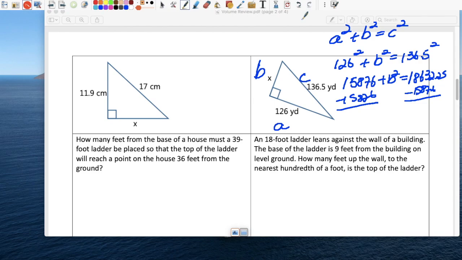We end up getting b squared equals 2,756.25. Square root, we're going to get some ugly number, and actually it's not bad: b is equal to 52.5, actually a pretty number.